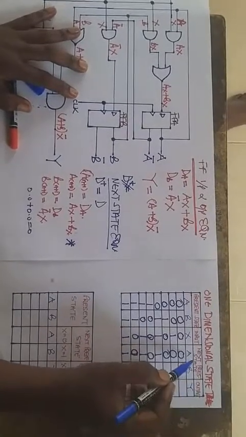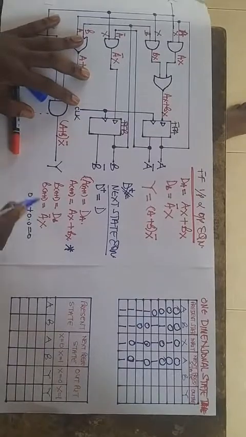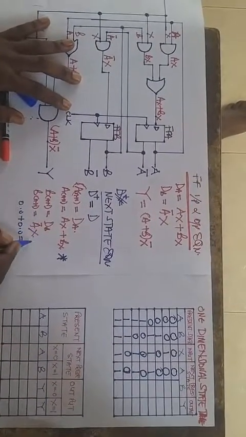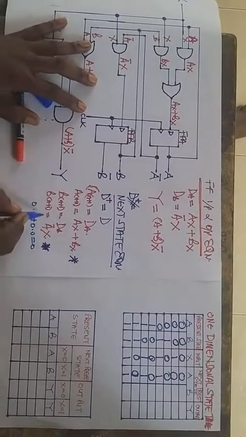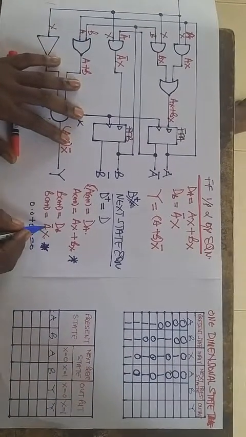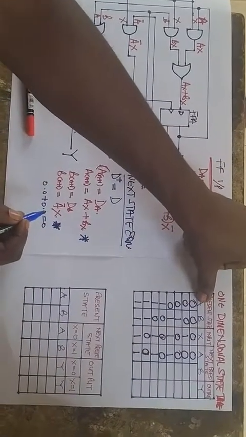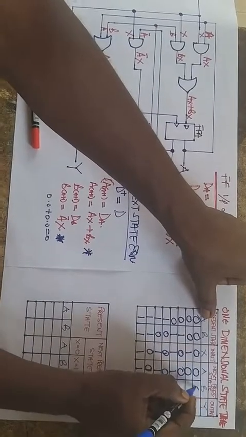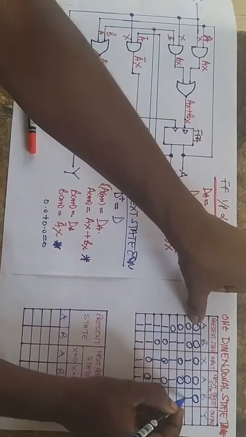Let's do the present state for the B column. For the B column, we have the next state given by A bar X, so we use this to fill the B column. It's the complement of A multiplied by X. So when A is 0, I complement it and it goes to 1, but X is 0, so 1 times 0 is 0. When I complement A, it is 1, 1 times 1 is 1.